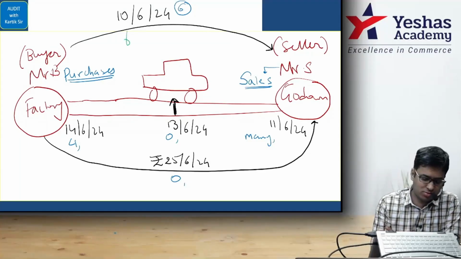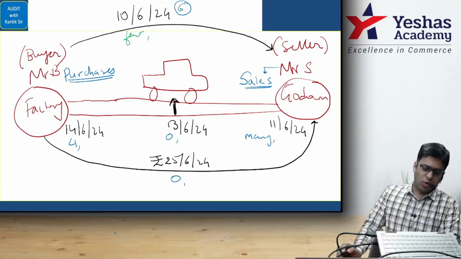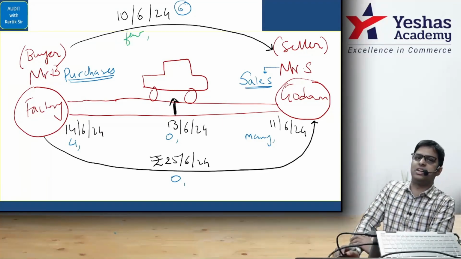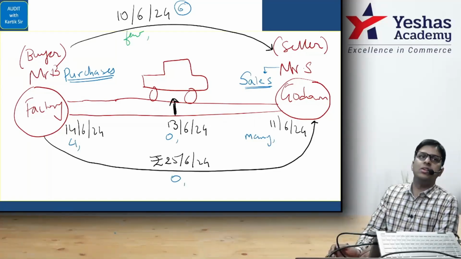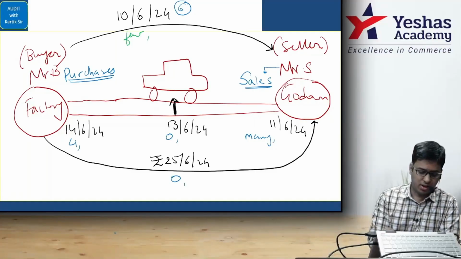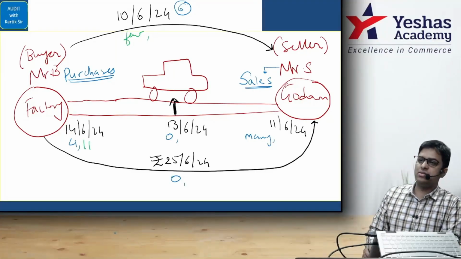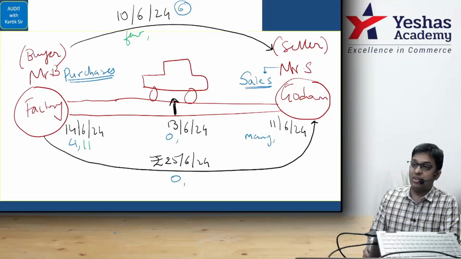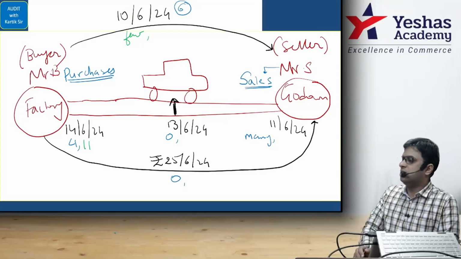How many of you are telling, let's say, 14th, when the goods reach Mr. B's factory? How many of you are telling 13th, when the goods are on the way? How many are telling 11th? 11th means when the goods start from the seller's godown.